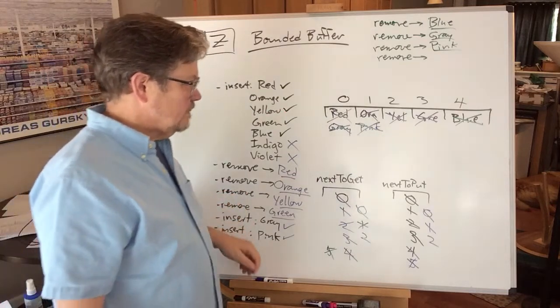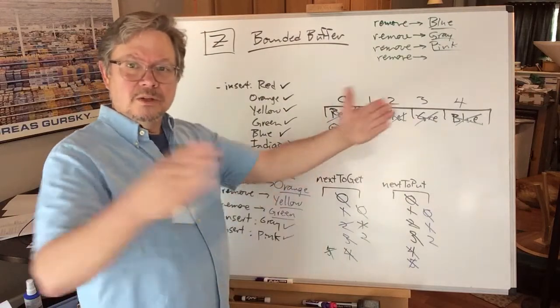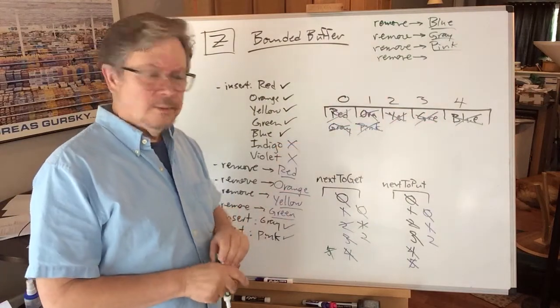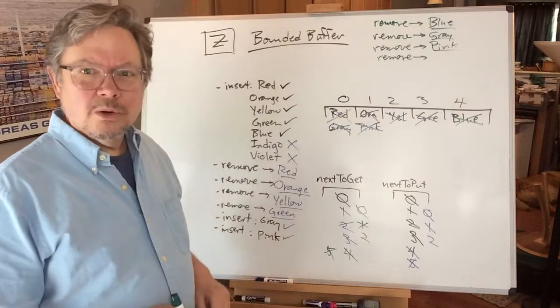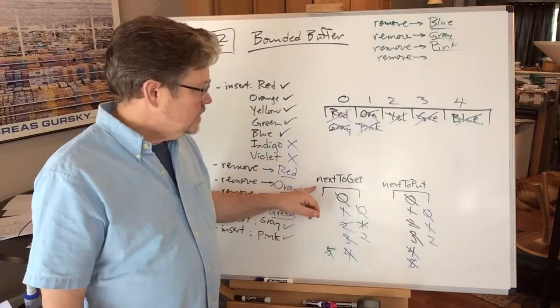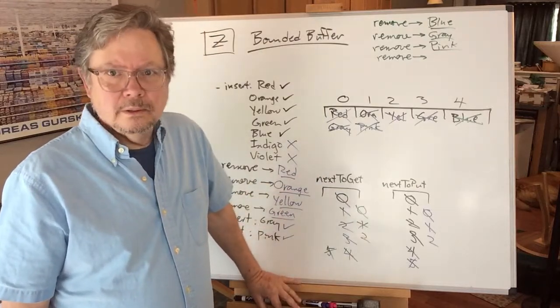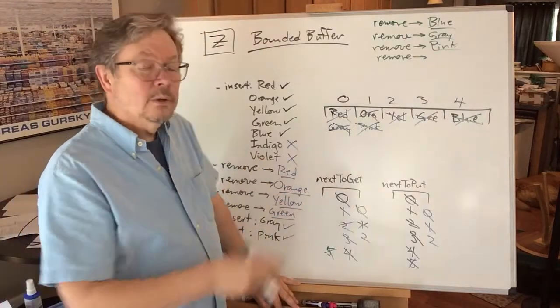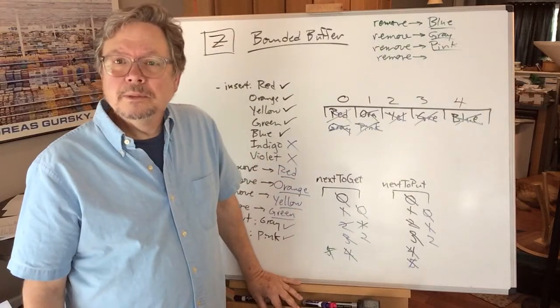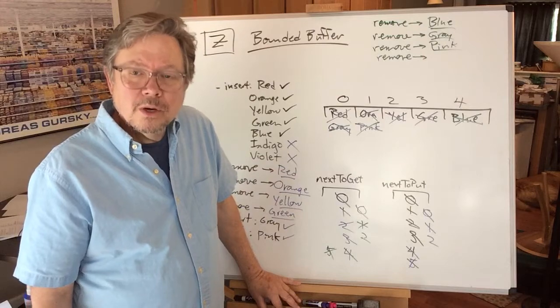Here's a weird thing. If we had the luxury of several more weeks, and you had the luxury of time to do a bunch of examples, you would definitely discover on your own that next to get and next to put are going to be equal to each other in both of the boundary conditions: when the buffer is completely full and when the buffer is completely empty. So it looks like all hope is lost. How are we ever going to know which one it is?